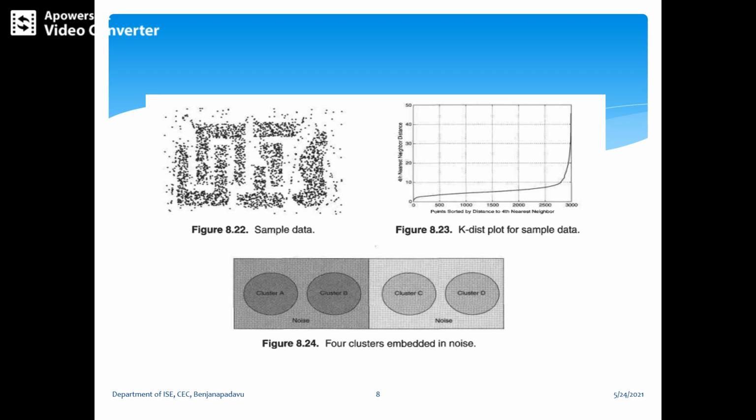The original DBSCAN algorithm used a value of k equal to 4, which appears to be a reasonable value for most two-dimensional data sets. In this diagram of clusters of varying density, four clusters are embedded in noise, and the density of the clusters and noise regions is indicated by their darkness.